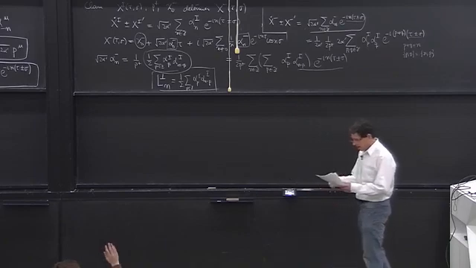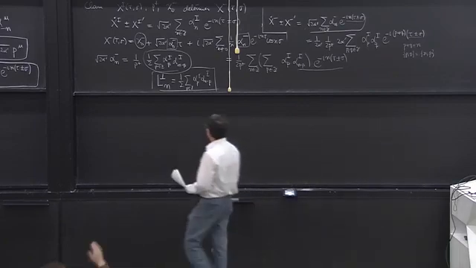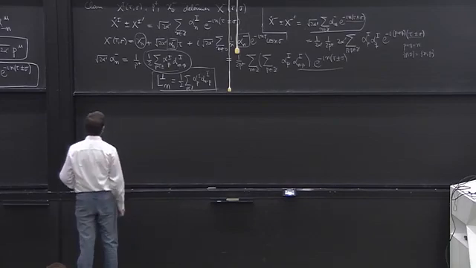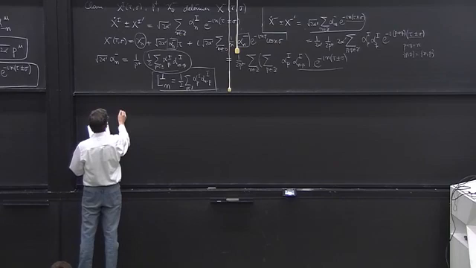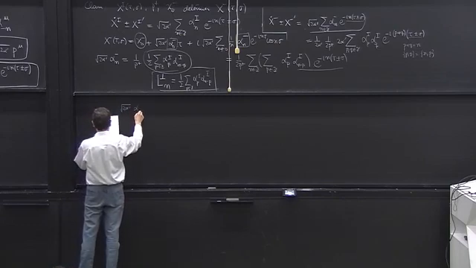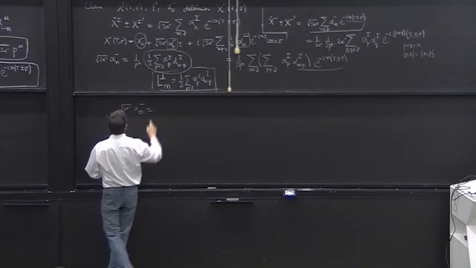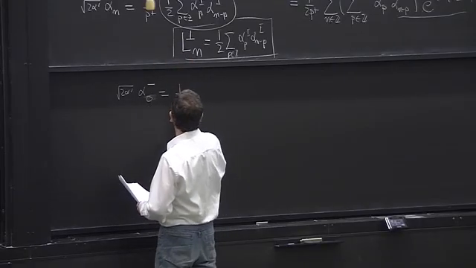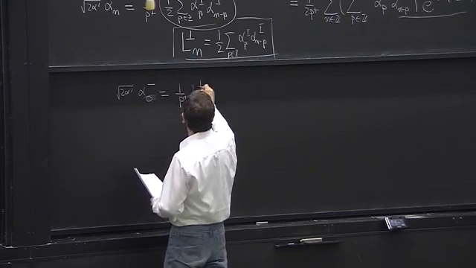There we go. One more thing. For n equals 0, n equals 0 is particularly interesting. So what do we get for n equals 0? We get square root of 2 alpha prime, alpha n, alpha 0 minus is equal to 1 over p plus L0 perp.